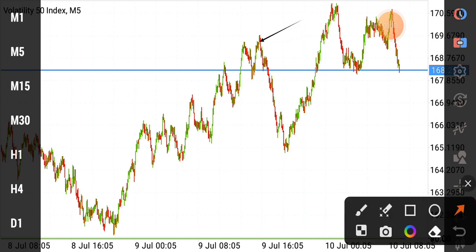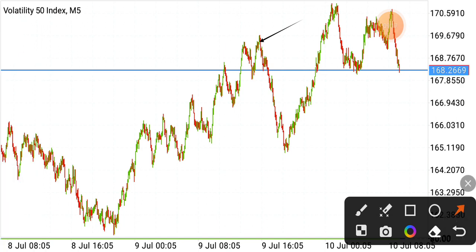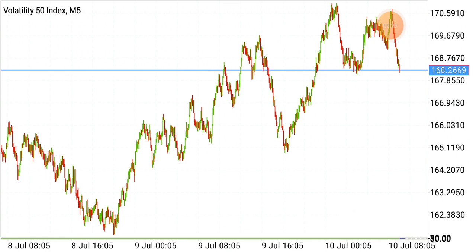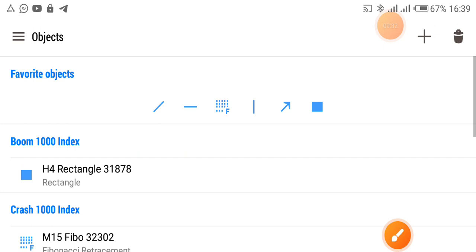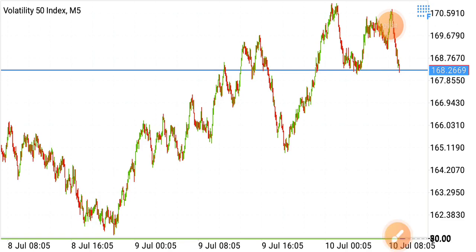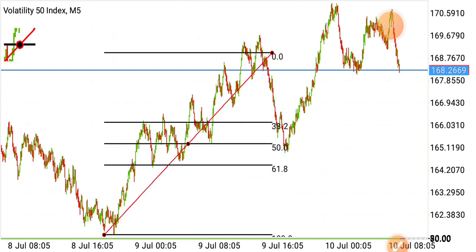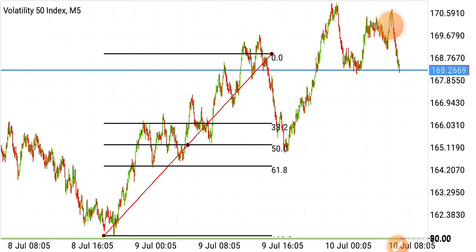At this point, I had to bring out my Fibonacci tool because since I knew it was going to sell, I wanted to see how far it would sell, since we are expecting the market to reverse at 61.8 or 50. This time I'm dragging from the bottom to the top because the price was buying up to that level.